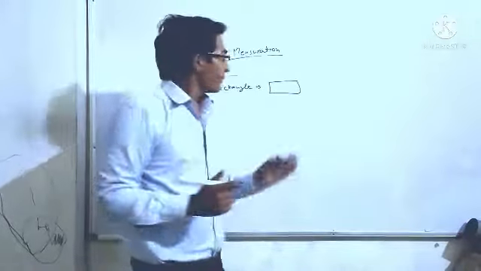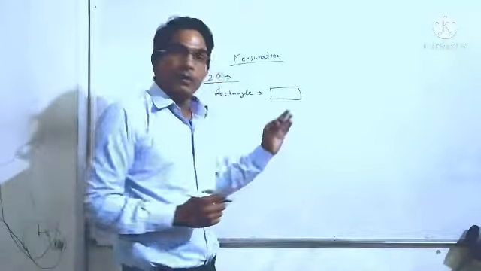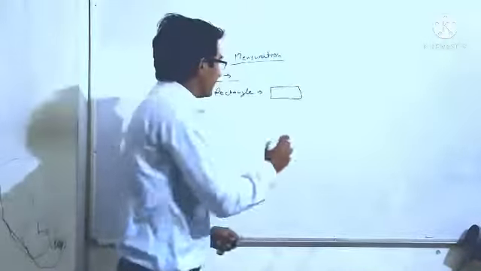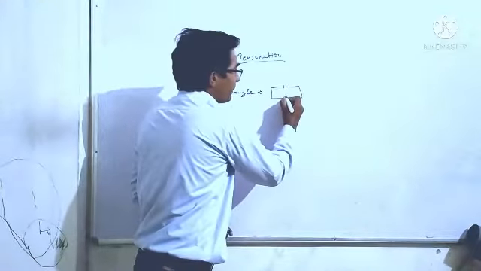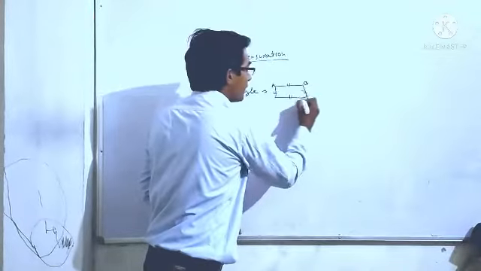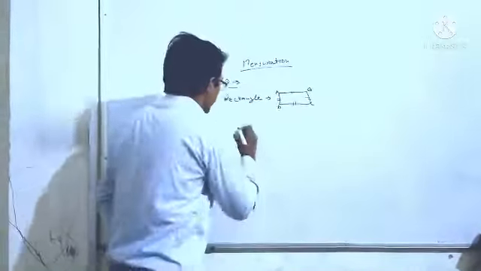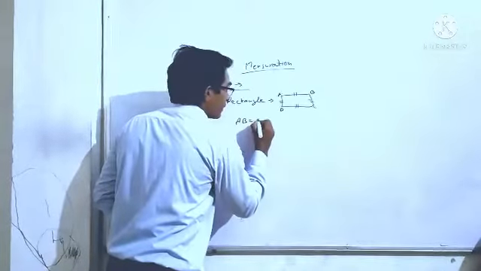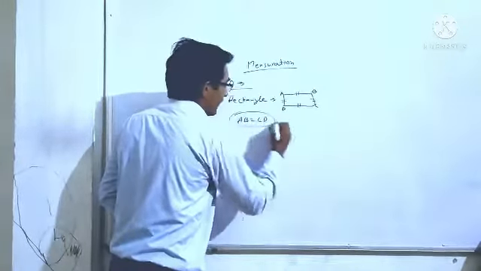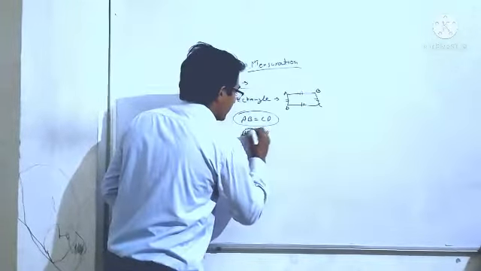As we know, a square has all four sides equal, but in a rectangle the parallel sides are equal. It means AB and CD are equal, and BC and DA are equal.